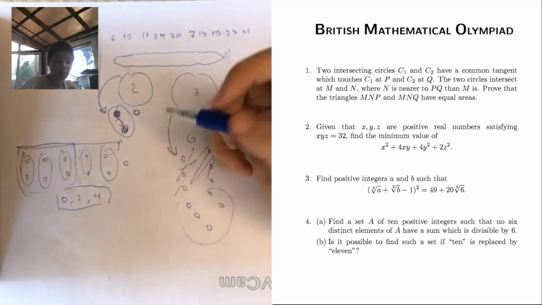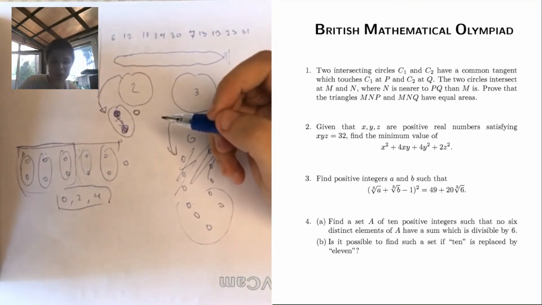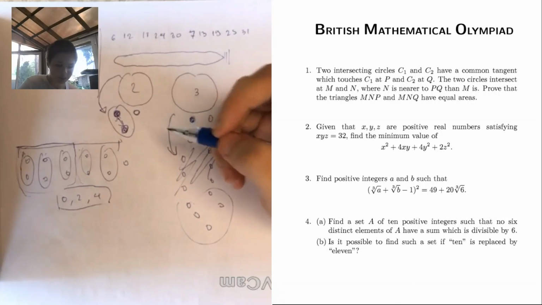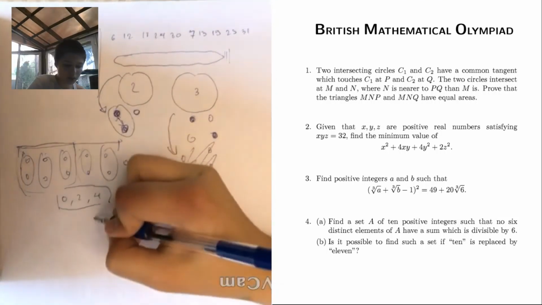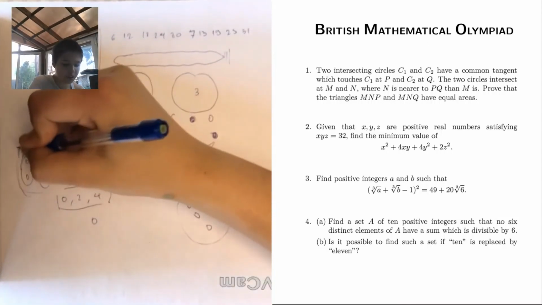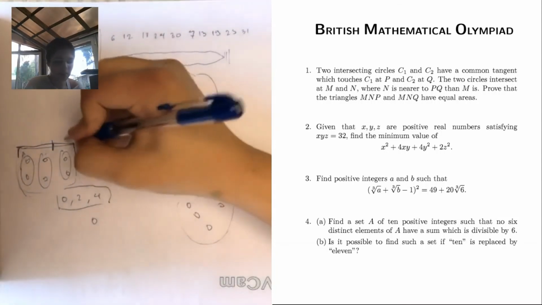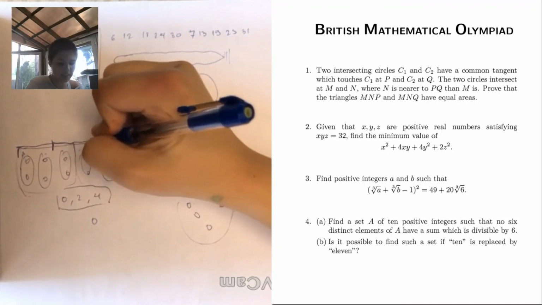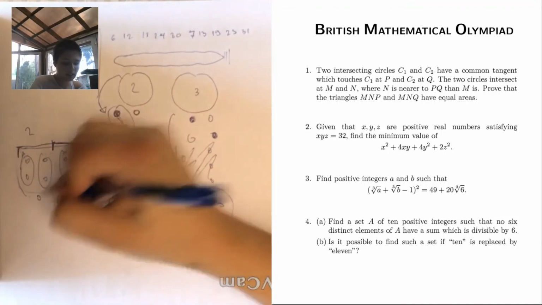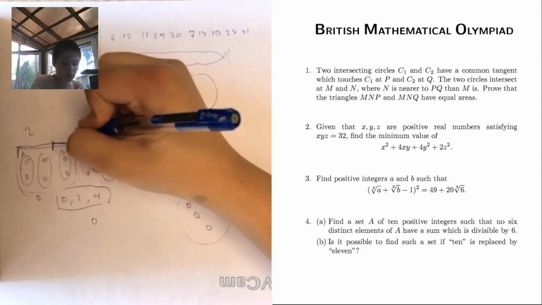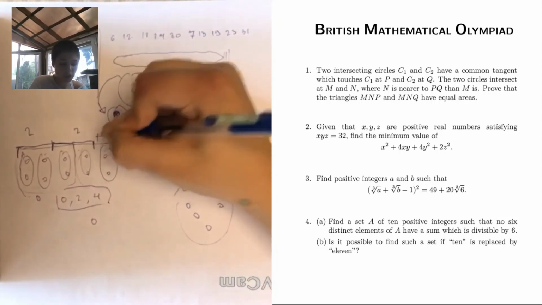Or imagine that's false, and in fact the maximum number of the same remainders mod 6 is 2. So there's maximum 2 of 0, maximum 2 of 2, and maximum 2 of 4.